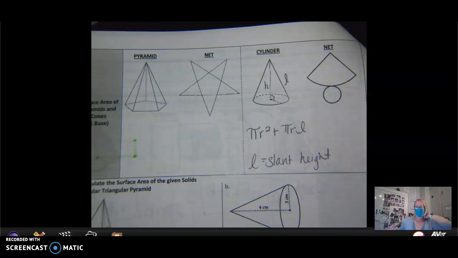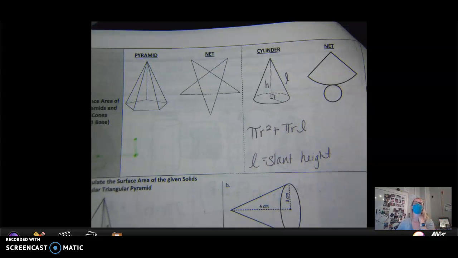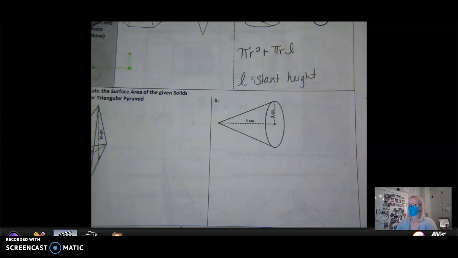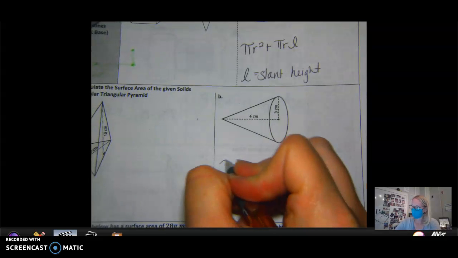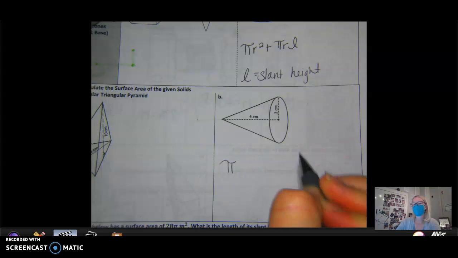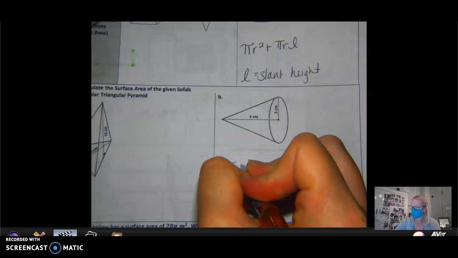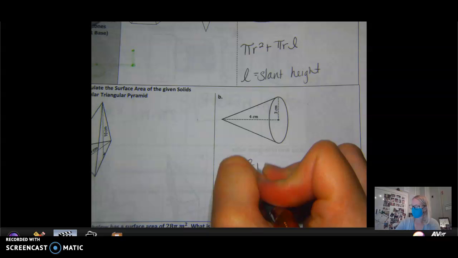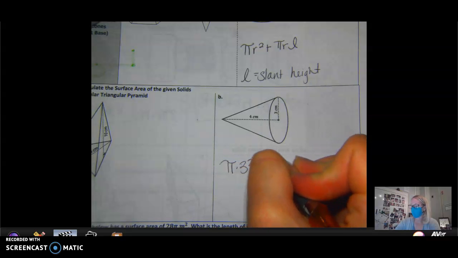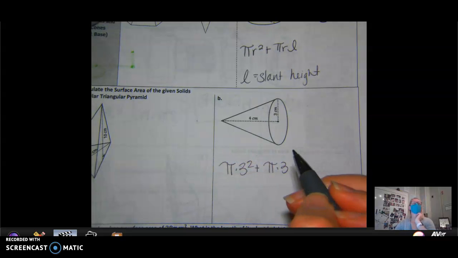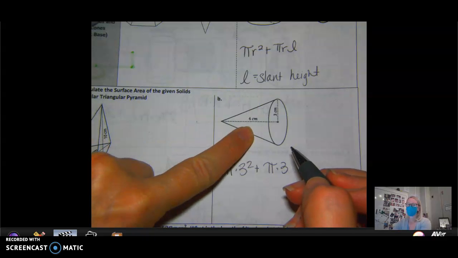So to find the surface area, this is the formula we use. Go ahead and try B and number 4 on your own, knowing that. So on this, I will do pi times r squared. What's my r? 3 squared plus pi times my radius again, but times my slant height. Is my slant height 4?